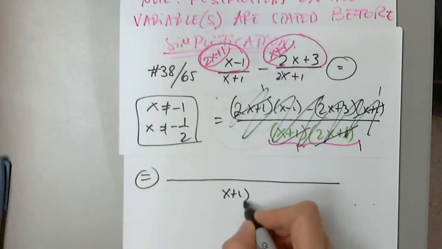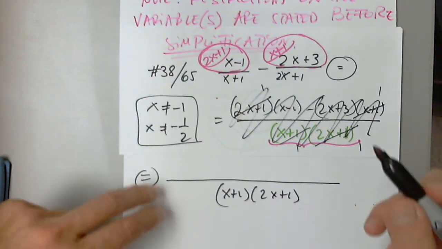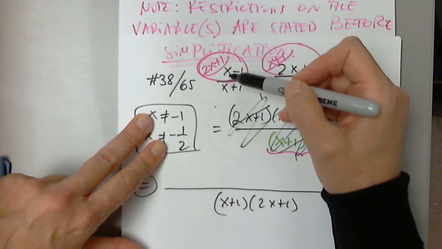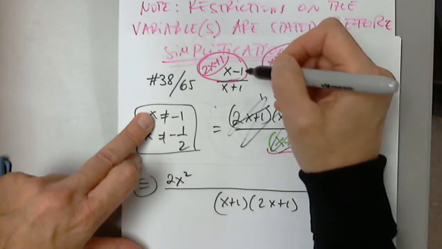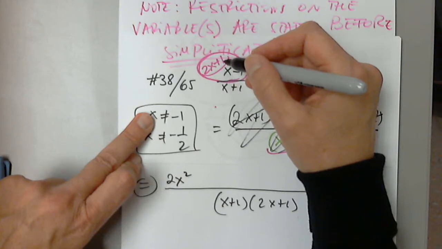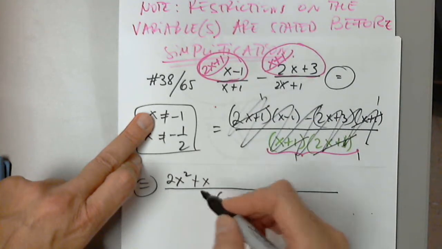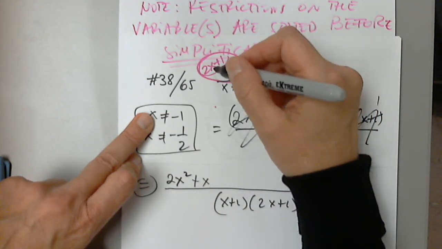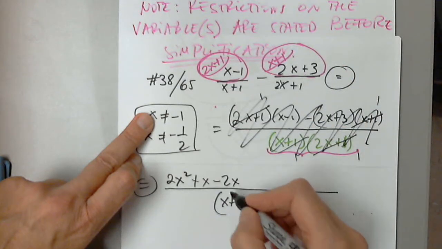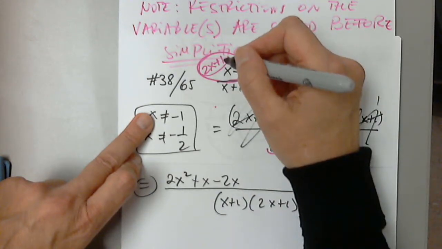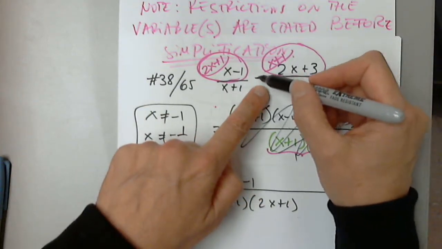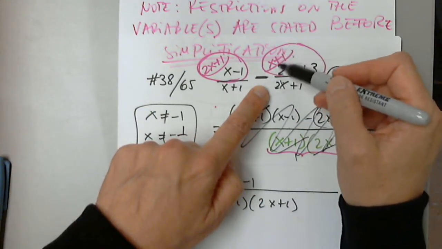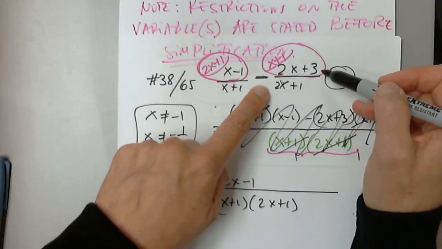I write x plus 1, 2x plus 1, and let's multiply together. X times 2x. X times 1 plus x. Negative 1 times 2x. And negative 1 times 1. Now I have to be very careful because I have a negative sign that will get distributed to everything that follows.